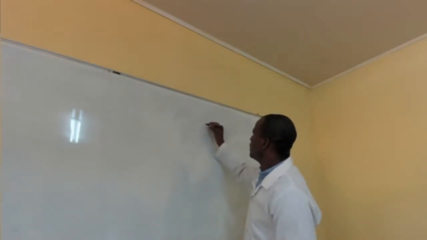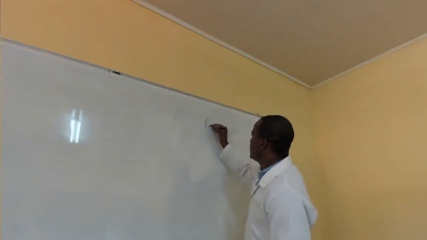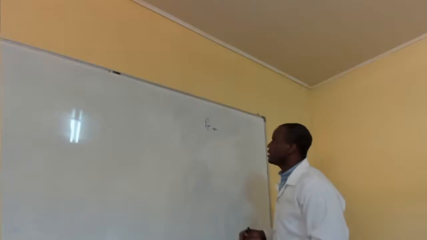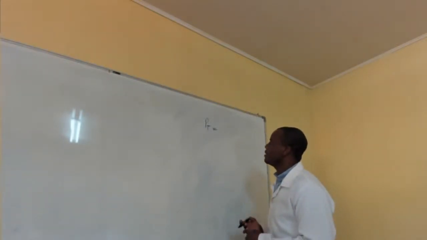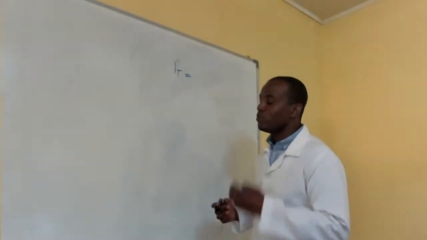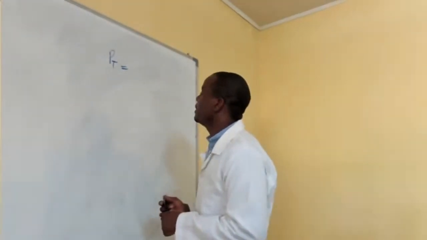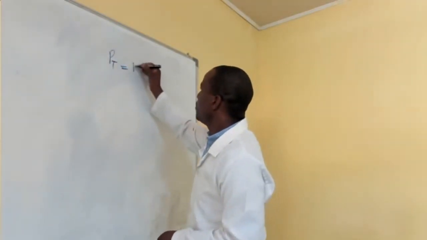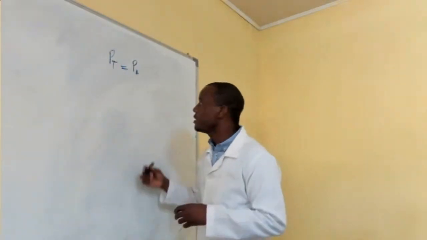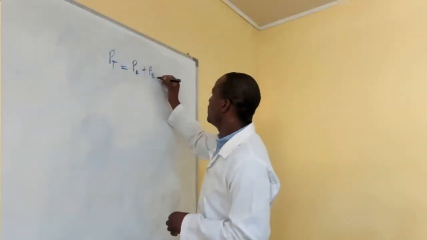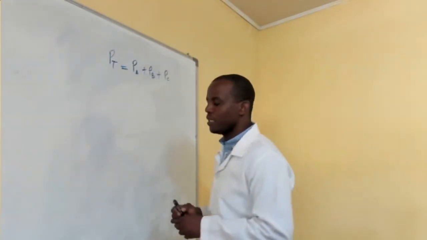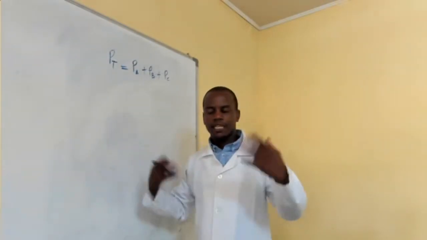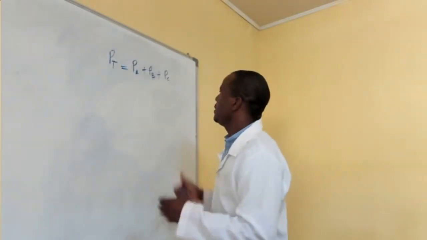So number one, we are using just Dalton's law, which states that the total pressure within the container will be equal to the sum of the partial pressures of the gases. So PT, the total pressure, will be equal to the partial pressure of gas A, for example, plus the partial pressure of gas B plus the partial pressure of gas C. But if you have more than 3 gases, then you have gas D, gas E, gas F. So we're just using these abbreviations.